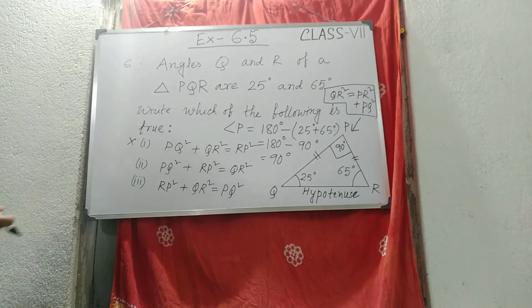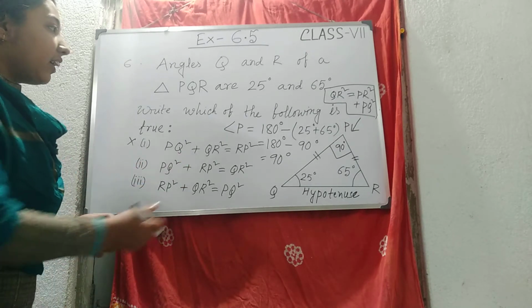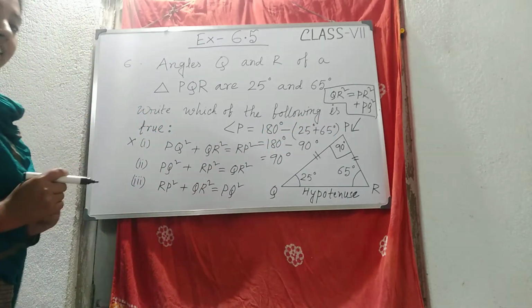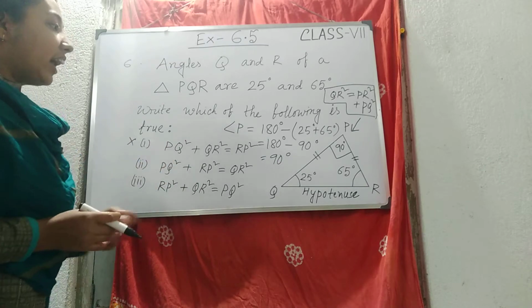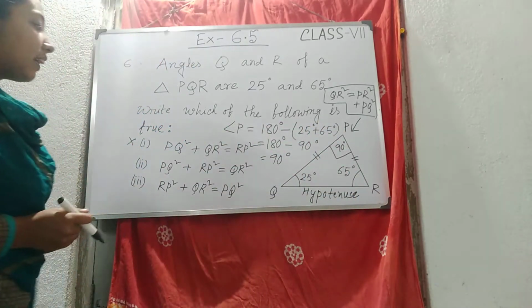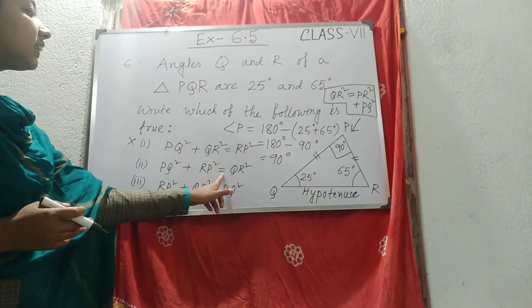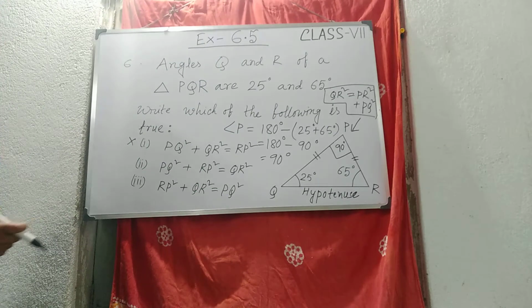Now let us take the next one. PQ square plus RP square. PQ square is one of its legs, plus RP square. PR and RP both are same. So this is equal to QR square, hypotenuse square.